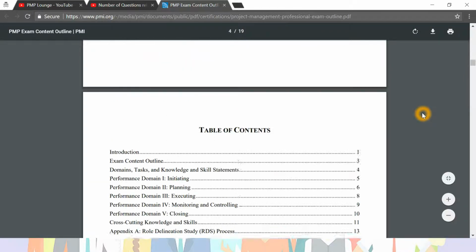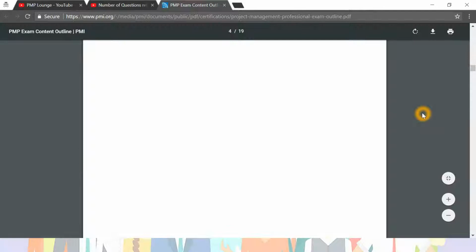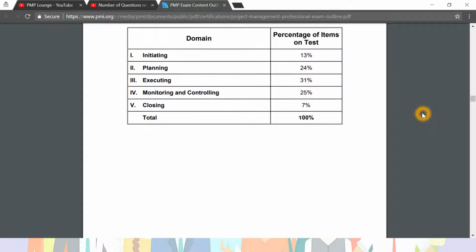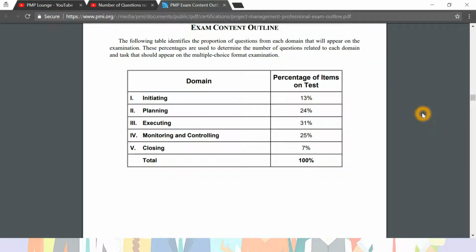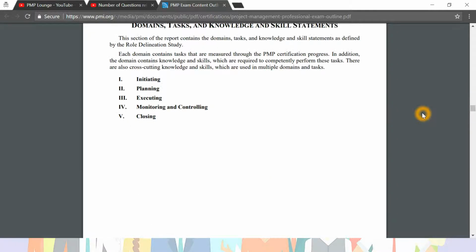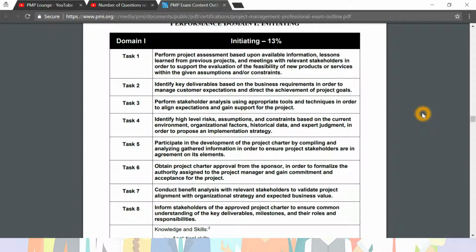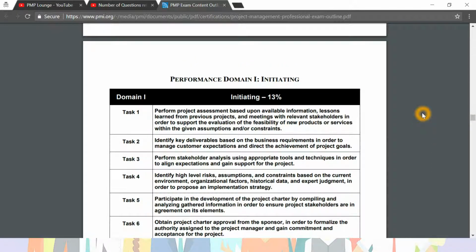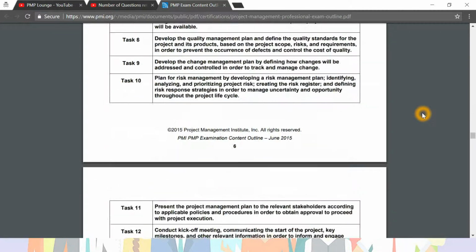And exam content guideline is actually a document which is extremely important from exam perspective because this defines the items on test, right? The questions on test that you can expect from each knowledge area, each domain. This document also defines the RDS or role delineation study, and PMP exam is based on the RDS.